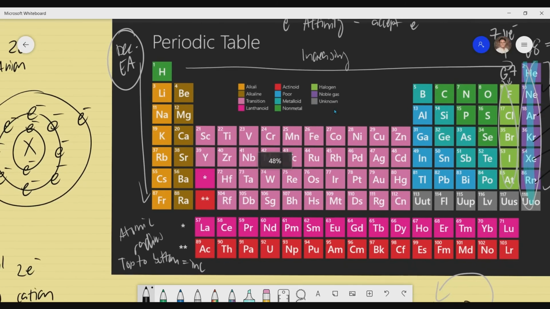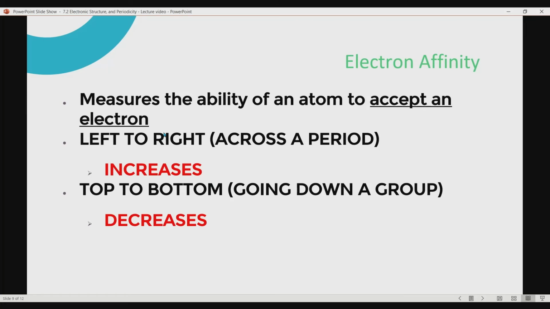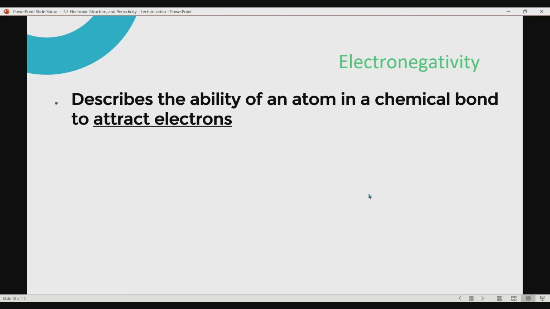Okay? So again, electron affinity is the measure of the ability of an atom to accept an electron: from left to right increasing and then from top to bottom decreasing. Okay? Okay. And then next one is electronegativity. Now this time, electronegativity simply describes the ability of an atom in a chemical bond to attract electrons.